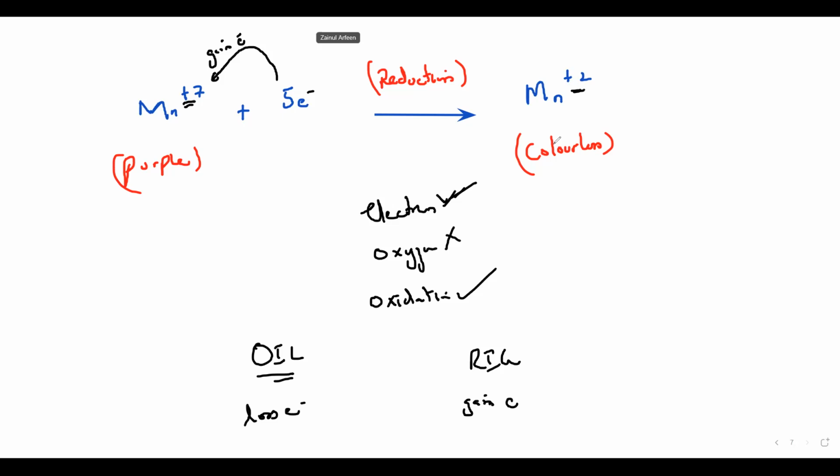Pink is acceptable, purple is also right, because at high concentration manganese will be purple, at low concentration it will be pink. And it changes into Mn plus 2, which is colorless, so it will change from purple to colorless. You have to learn this color.